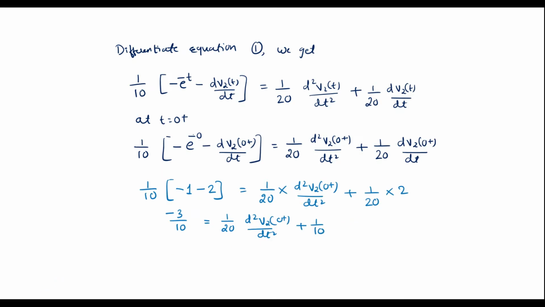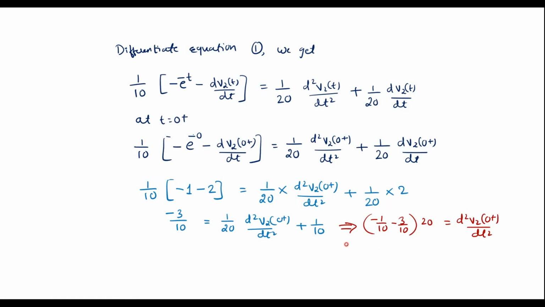This can be simplified as, I'll take this 1 by 10 to the other side, it will become minus 1 by 10 minus 3 by 10. This into 20 is equal to d square v2 of 0 plus by dt square.